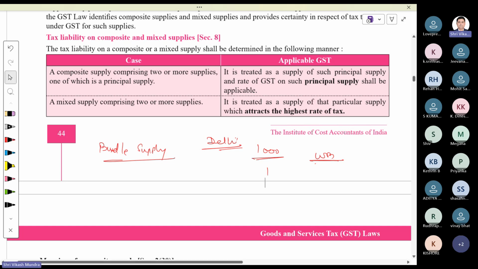Okay. Now, the customer from Delhi asked for 1,000 pens from me. The cost of this pen, say rupees 100 per piece. So out of this 1,000 into 100, a bill of rupees 1 lakh has been raised by me.